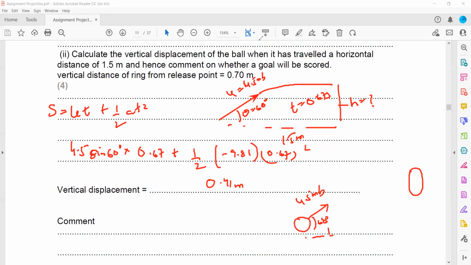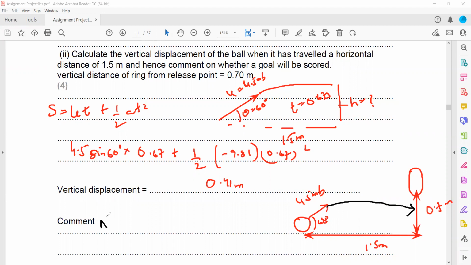The horizontal distance of the ring is 1.5 meters, and the vertical distance of the ring is 0.7 meters. But when we calculate the vertical distance when it covered 1.5 meters, the vertical distance of the ball is only 0.4 meter.